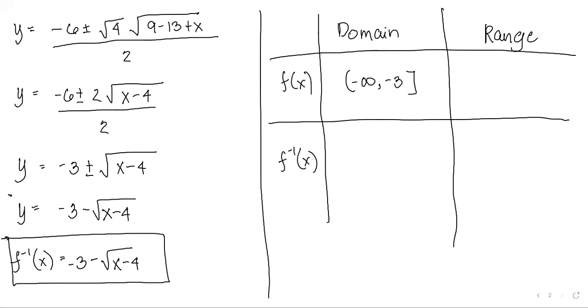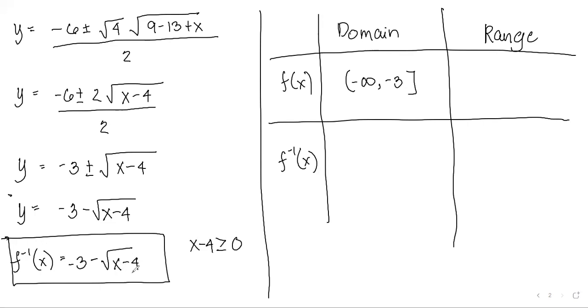Ayan siya. Now, ano yung range? Ano yung range ng original? Ang range ng original ay equal lang sa domain ng inverse niya. Okay? So, ito yung inverse niya. Ano yung domain nito? Okay? So, since may square root tayo, ang restriction niya ay, it should be greater than equal to 0.